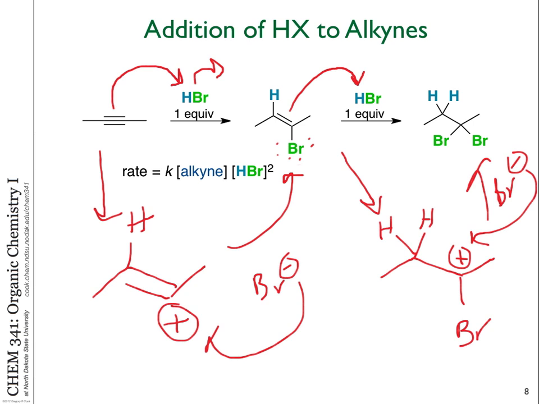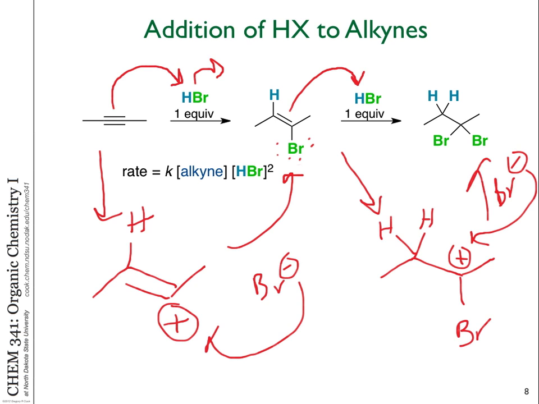Can you think about a mechanism for this reaction that would require 1 alkyne and 2 HBr's? Breaking the bond in the form of Br2. No, a bromonium ion only forms with Br plus, and HBr will only generate Br minus. But it's an interesting thought, yes.